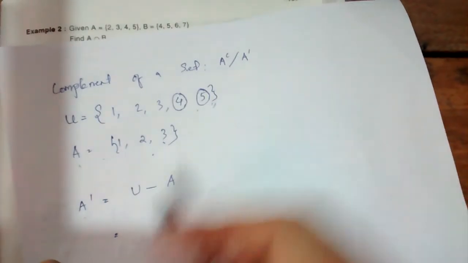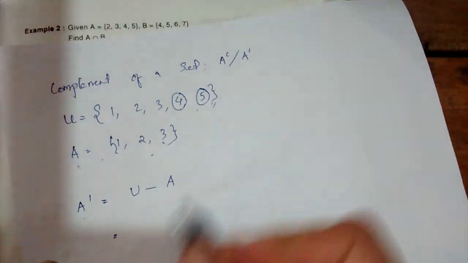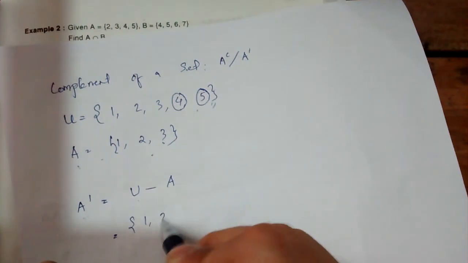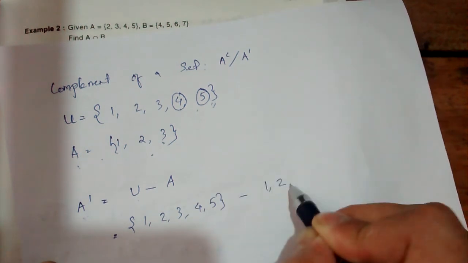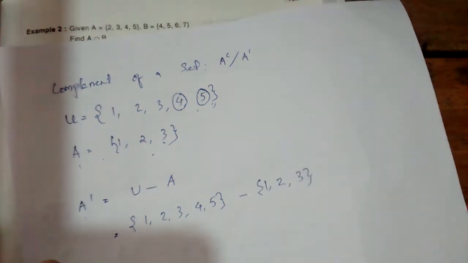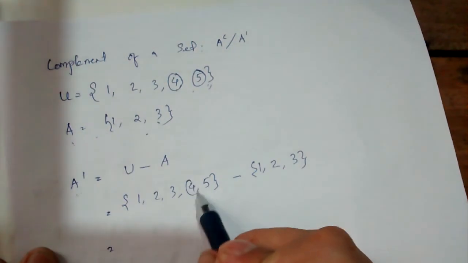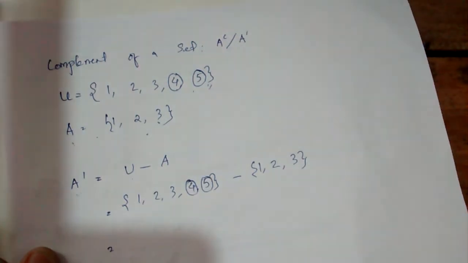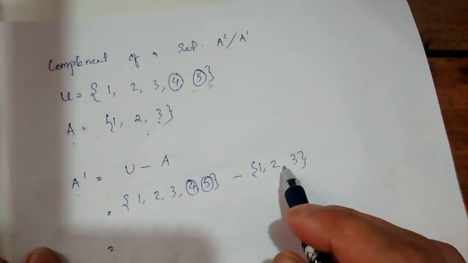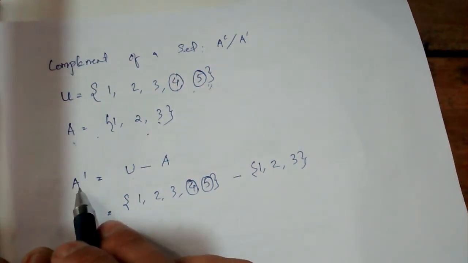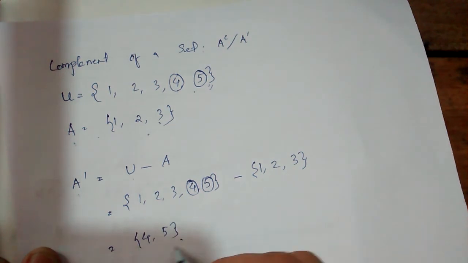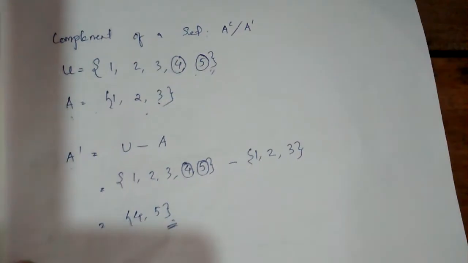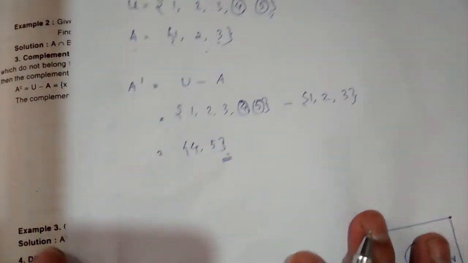So it is like U minus A, so it is like 1, 2, 3, 4 and 5 minus 1, 2 and 3. The complement of a set is the set of elements which are not included in the set. So in this case, set A complement is going to be 4 and 5. Got it? So this is how we can represent a complement of a set.